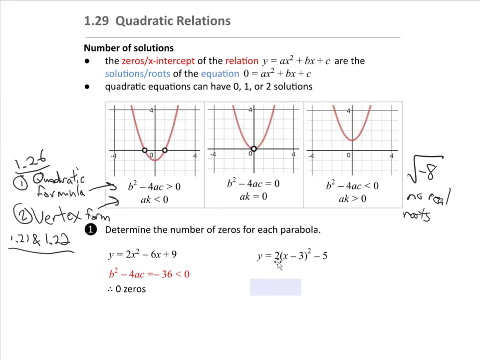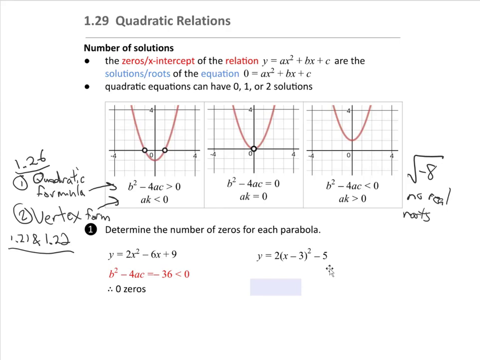Here we have vertex form for our second example. In vertex form, we examine a and k. If a times k is less than 0, we have 2 solutions. If it is 0, then we have 1. If a times k is greater than 0, that means we have no solutions. In this case, 2 times negative 5 gives us negative 10.